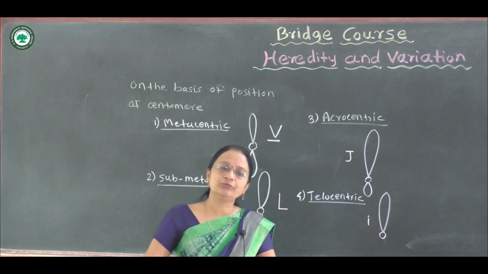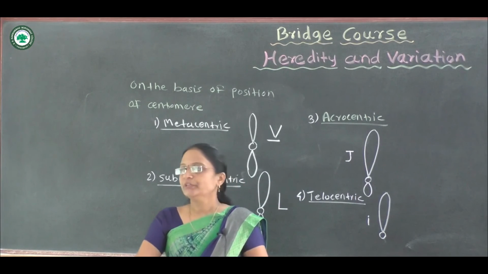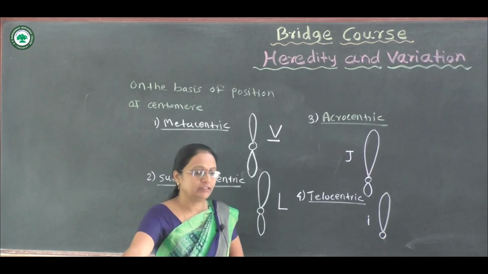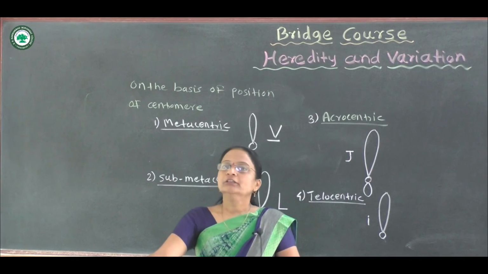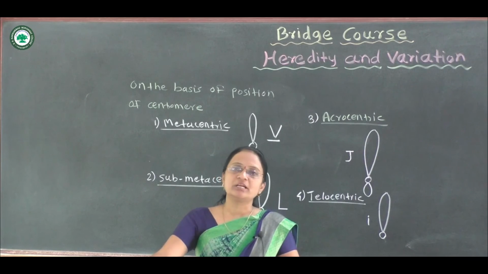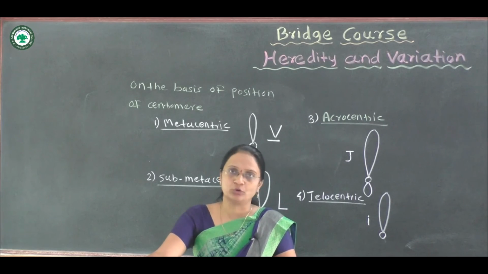These are the four types of chromosomes on the basis of position of centromere. If you study the detailed structure of the cell, you find that two types of chromosomes are present in the cell: the autosomes as well as the sex chromosomes.